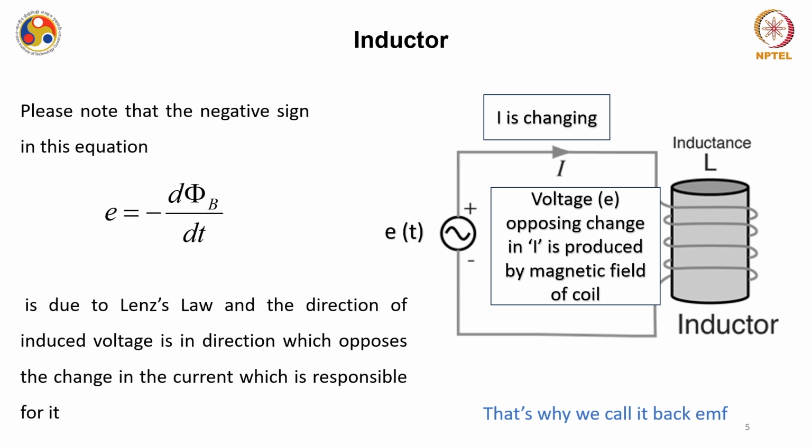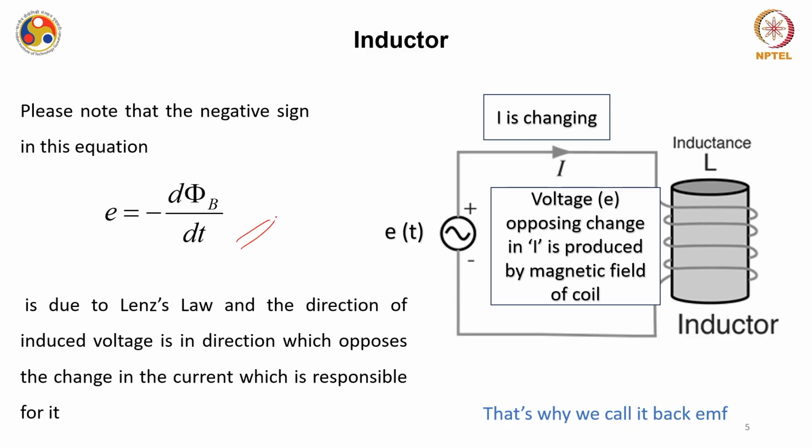It says that the direction of induced voltage is in the direction which opposes the change in the current which is responsible for the induction of the voltage, right. So this negative sign is coming from there. Okay. So now I have established the equation that the EMF, or sometimes we call it back EMF, okay, is a negative of d phi by dt, right.